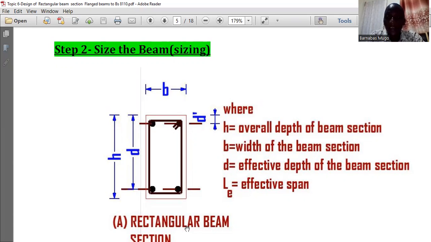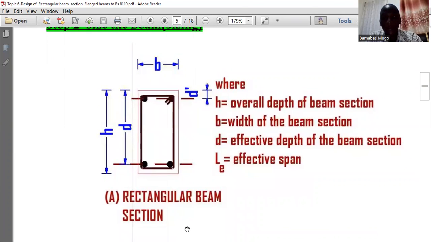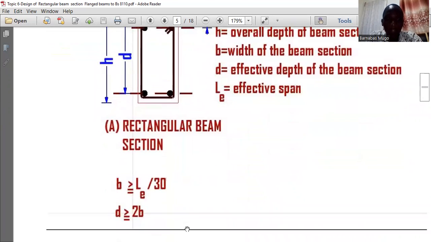D is the effective depth of the beam section, that is the distance from the center of the tension to the topmost part of that beam. Then you have B, and then you have the value of D prime. We are going to see how you calculate each one of the cases.